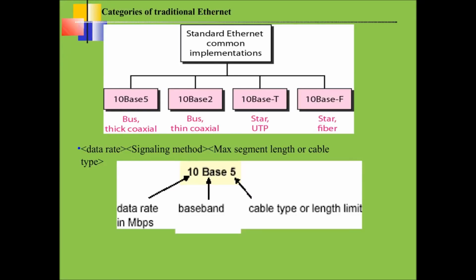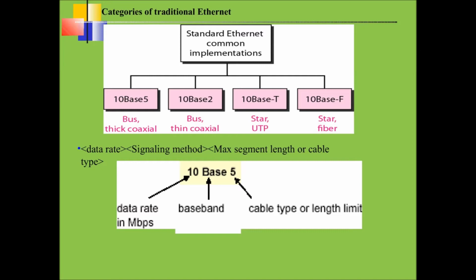Categories of traditional Ethernet: standard Ethernet common implementations are 10 base 5, 10 base 2, 10 base T, and 10 base F. What is basically 10 base 5?